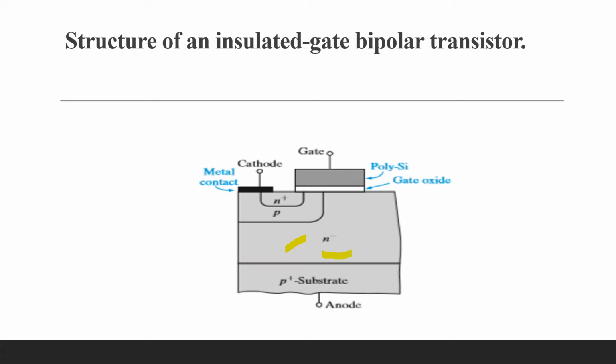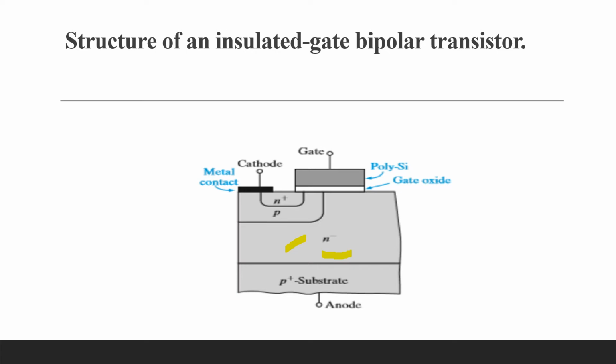This conductivity modulation allows the voltage drop across the device to be minimal in the on state. So here this is the basic construction: the heavily doped P substrate which is the anode, then the lightly doped N region, then there is a P region, and hence there is a cathode.